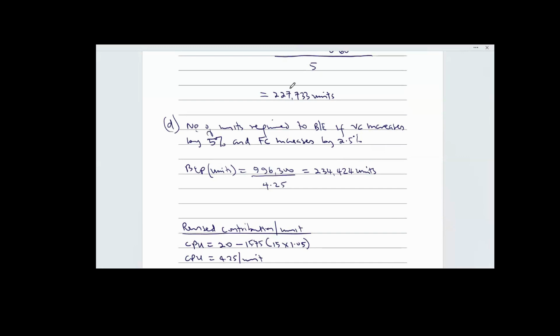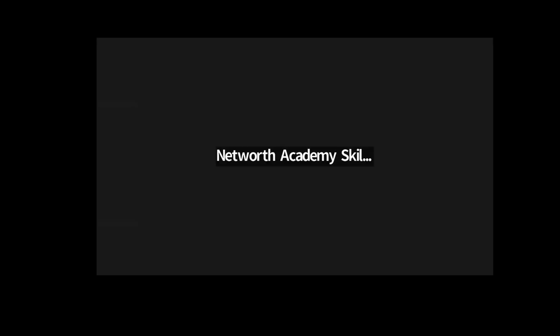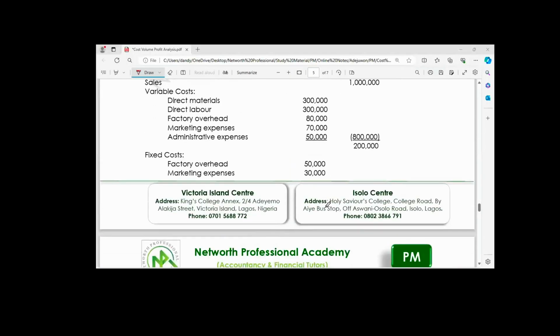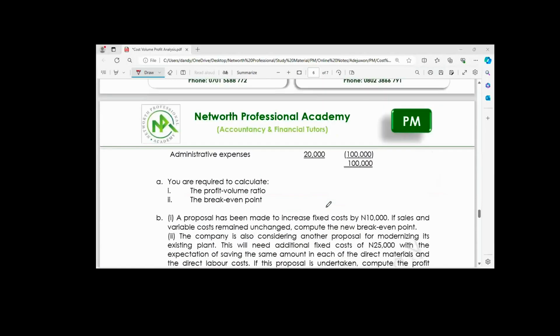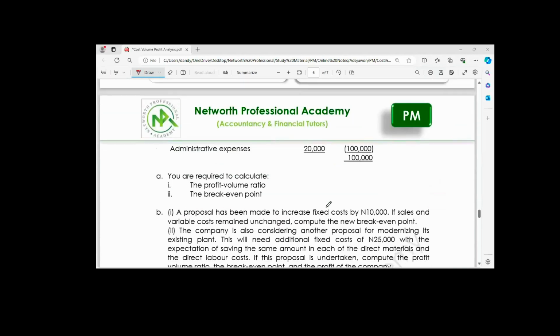Let me stop sharing this. So let's have illustration number 3, a different scenario. Let me know if you can see my screen.